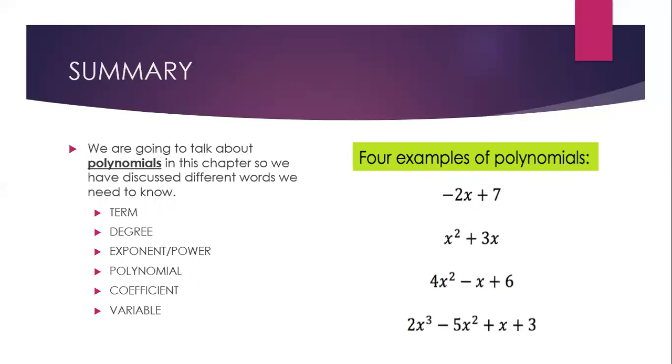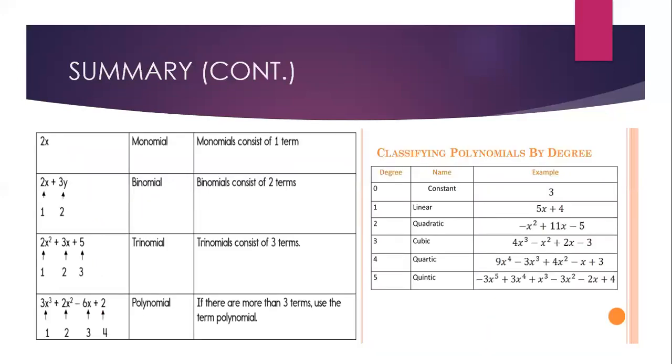Letters and numbers. And there's no equal sign. So that tells us it's a polynomial. And to finish up the summary, monomials have 1 term, binomials have 2 terms, trinomials have 3 terms, and polynomials are anything that's 4 or greater.